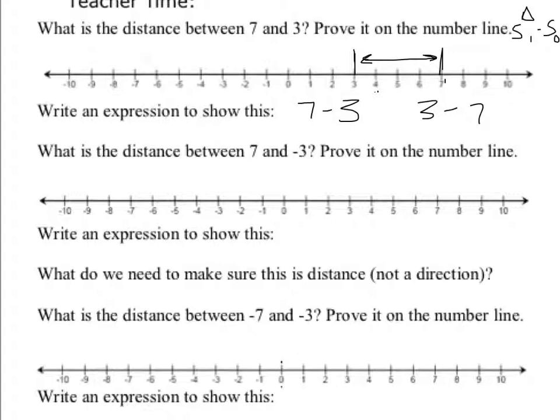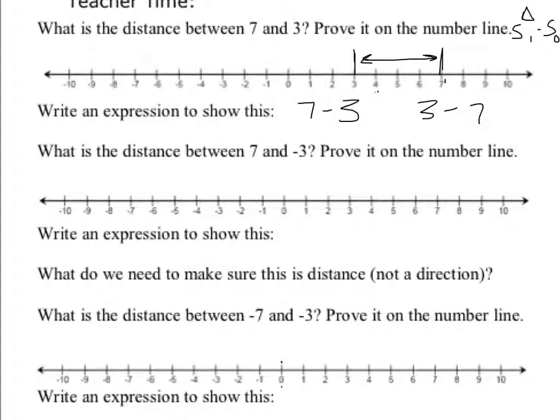Using what we know and thinking about the relationship between this and the concept that we learned yesterday, what do you think I could possibly do to make sure that both of these expressions come out with the same answer to describe a non-directional distance? Talking about yesterday, what did we do when we didn't care about direction? What did we use?